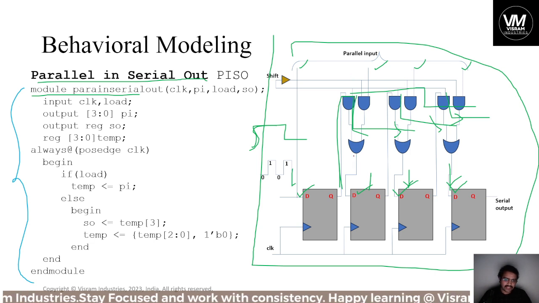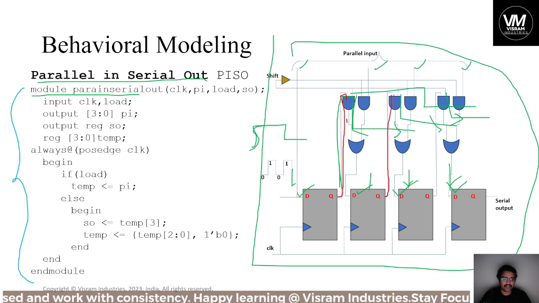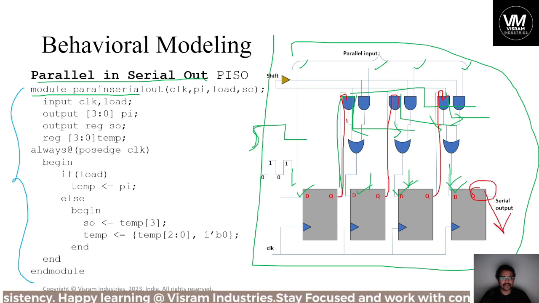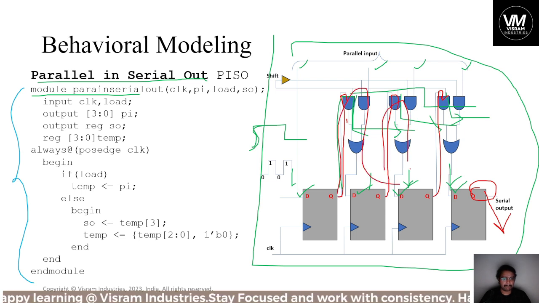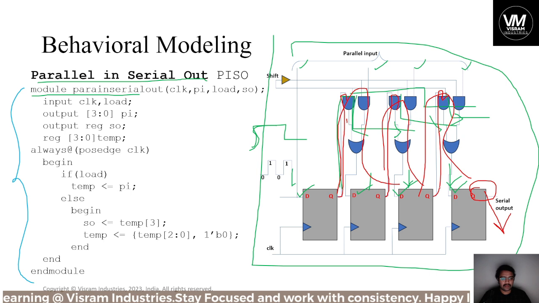So the output is collected in a sequence, that output is loaded in a sequence, and that output is collected at one single output. So hence, with some delay from this Q, it is going to the combinational logic.